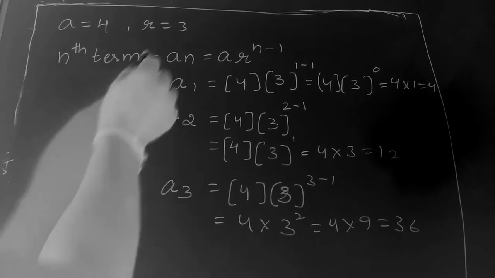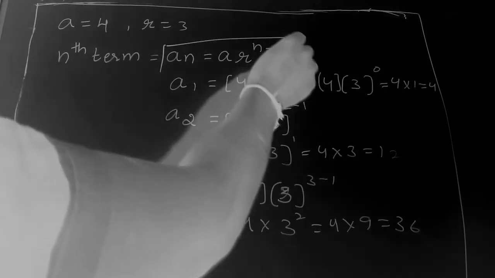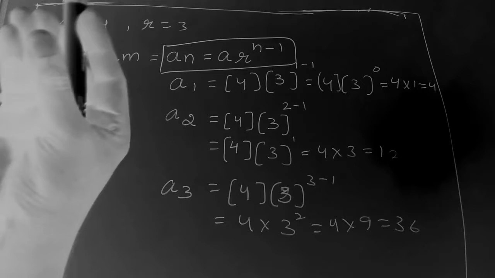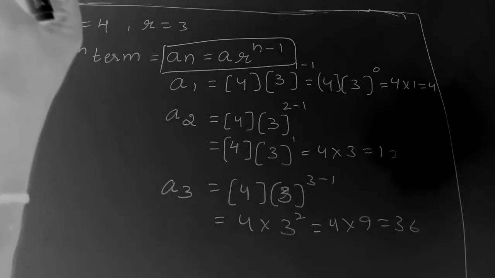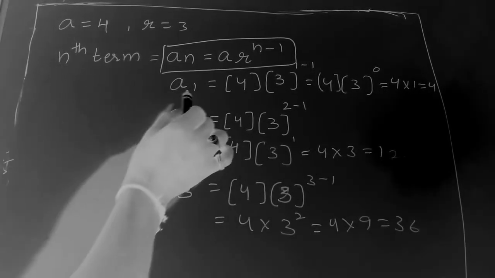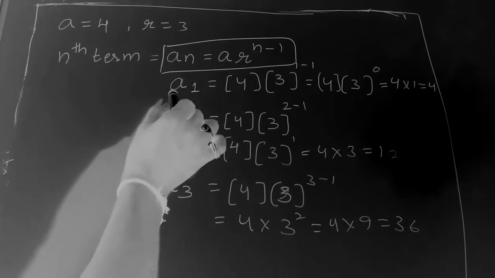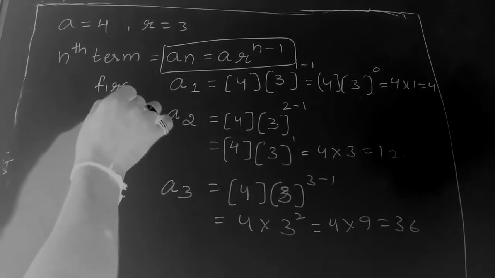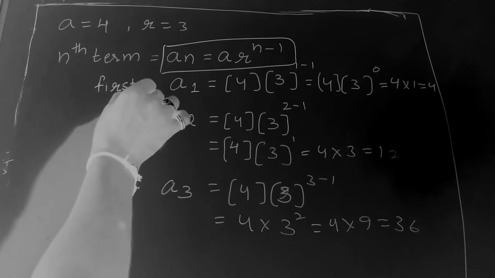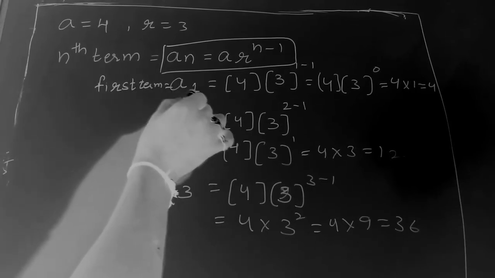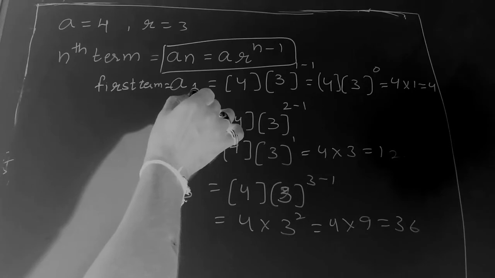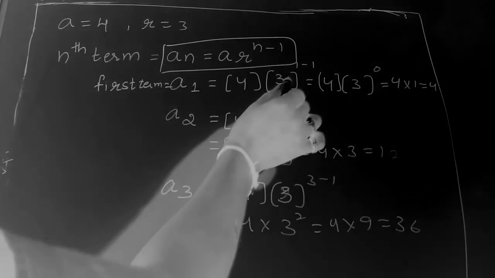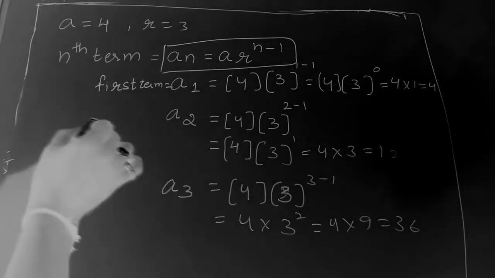So this is the general formula to find the nth term of a GP series. If I am finding a1, the first term, I have substituted 1 in the place of n, so that is 3 to the power of 1 minus 1.